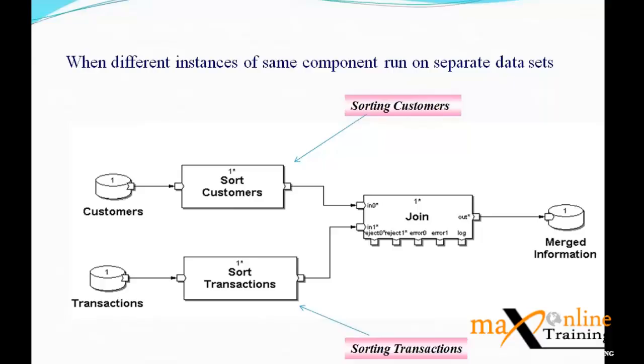We cannot really say that the sort and join components will run at the same time, but these two sort components will run at the same time. So this particular graph exhibits component parallelism.